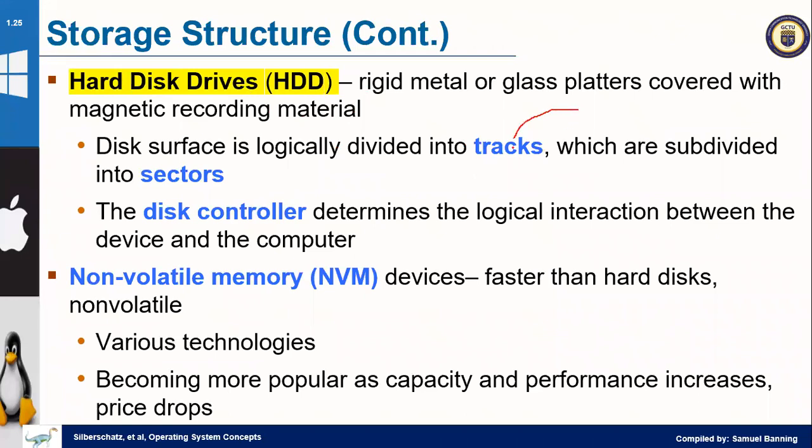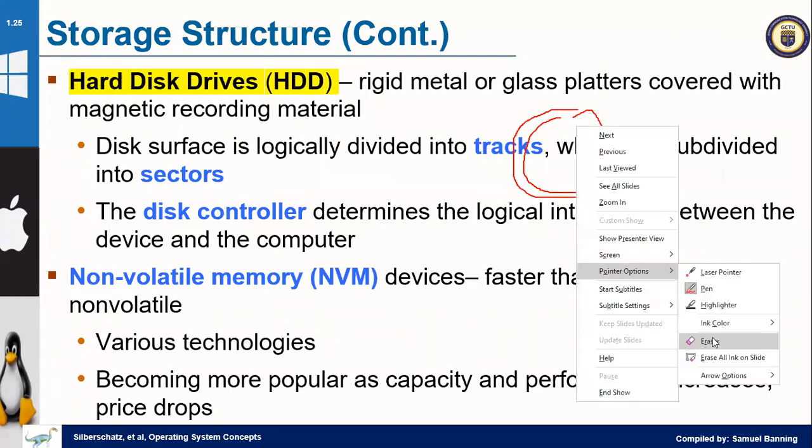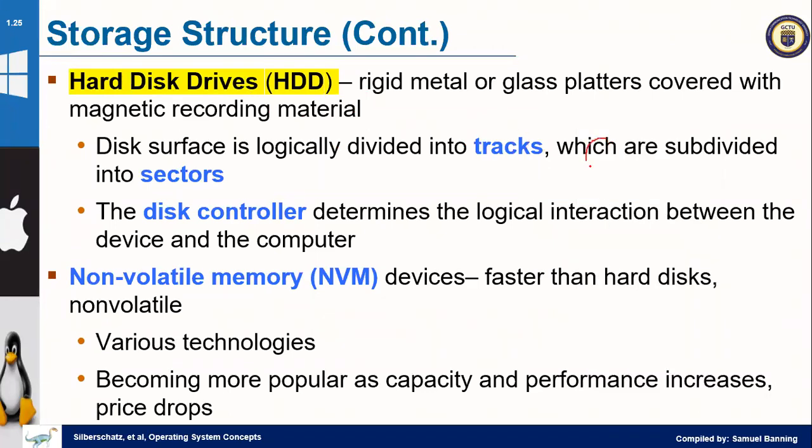If you have not seen a hard disk before, this is how a hard disk looks like. Oh, I'm sorry. Let me clear the screen. Let me try and see if I can draw. So this is how your hard disk looks like. These are tracks. They don't overlap. These are called tracks.